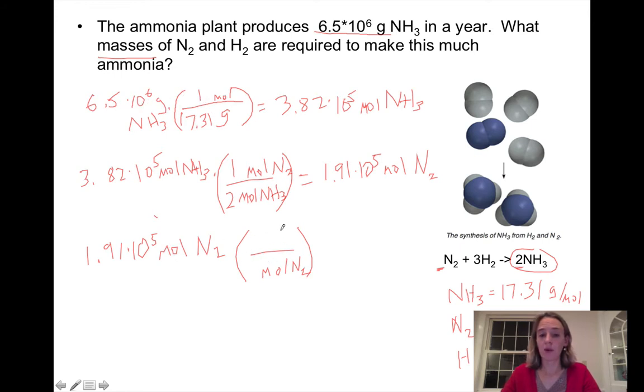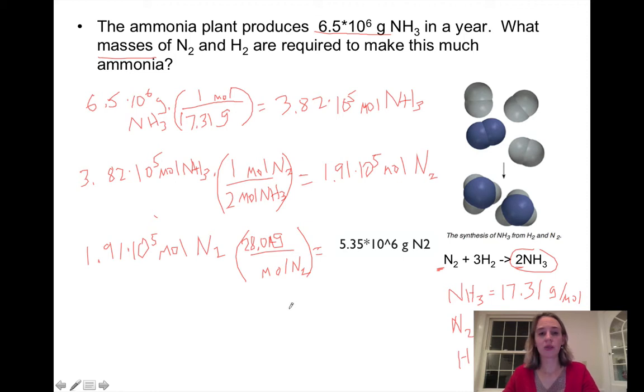So I want moles on the bottom to cancel out. And then every 1 mole of nitrogen has a mass of 28.014 grams. A little hard to read there, but that says 0.014. And that calculation gives us a mass of, this now answers the first part of the question. What mass of nitrogen, N2, is required to make this much ammonia?